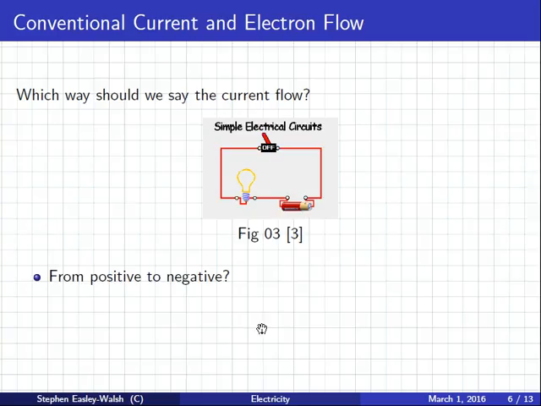So do we say the current is flowing from positive to negative, or maybe it's from negative to positive? Or both, or neither. What do we say? Which way should we say the current flows?